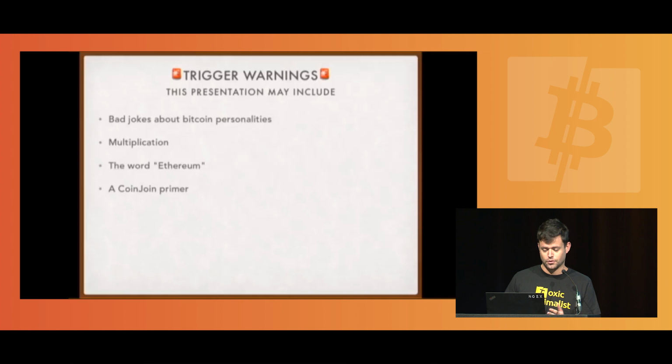I might say the word Ethereum, and there's also a COINJOIN primer probably. If you think that this might be triggering to you, then it's okay to leave. But especially the part about the bad jokes, they're really objectively bad. But apart from that, I hope you stay because I'll at least try to make this somewhat approachable, I hope.